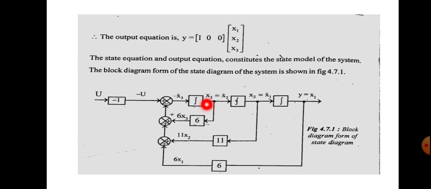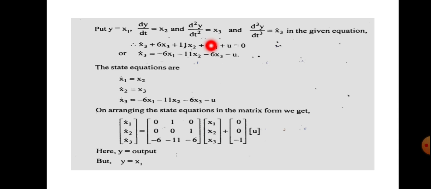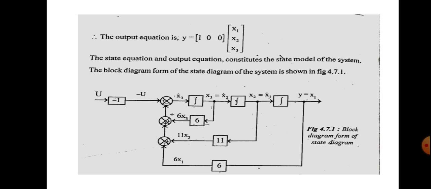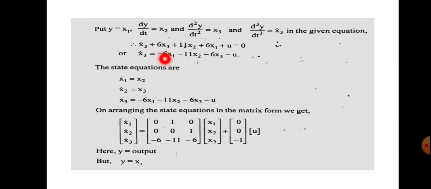In the equation, x3 dot, a derivative term, is obtained by adding all these terms, and in that there is one term which is minus 6x3. That minus 6x3 comes from x3 itself, so minus x3 will be a feedback path, while x3 dot is the sum of all these terms.